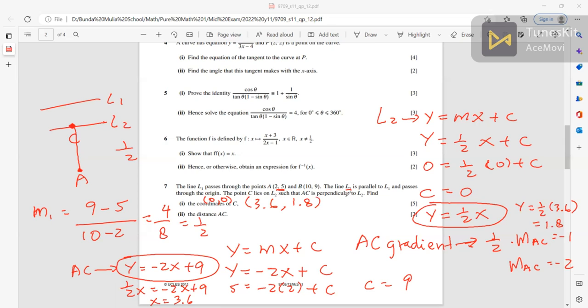That's for the first one. And then for the second one, we want to find the distance of AC. We have C this, and A is 2,5. So the distance of AC equals to square root of (2 minus 3.6) squared plus (5 minus 1.8) squared.